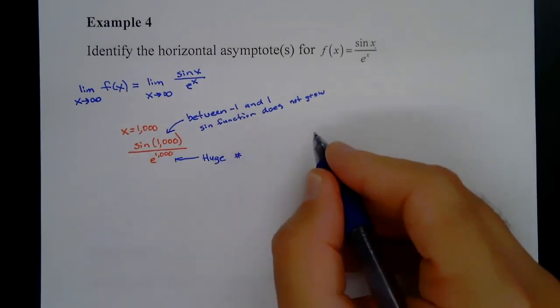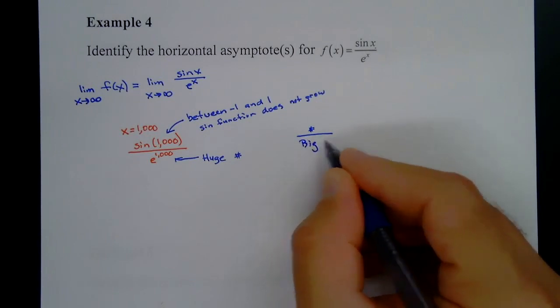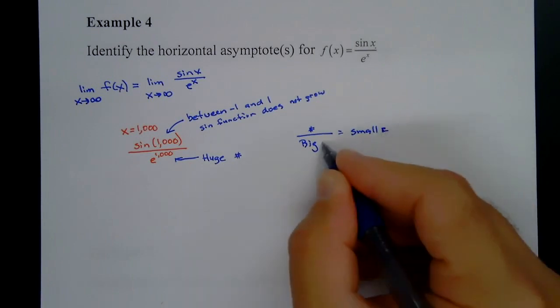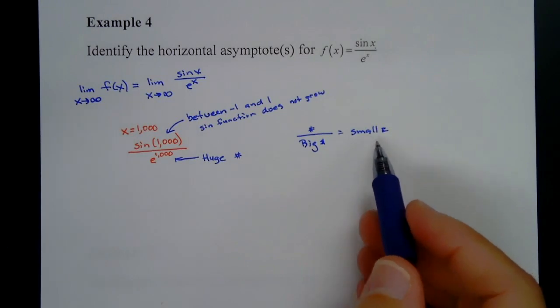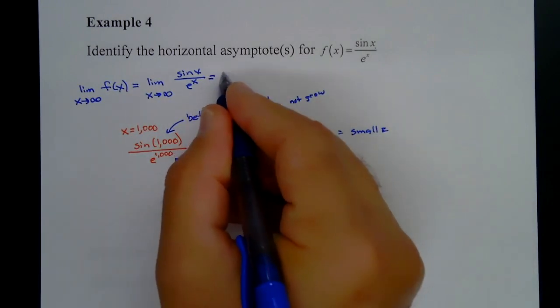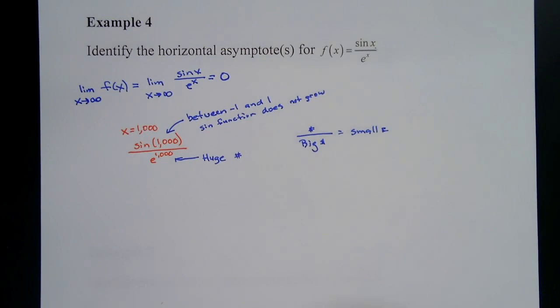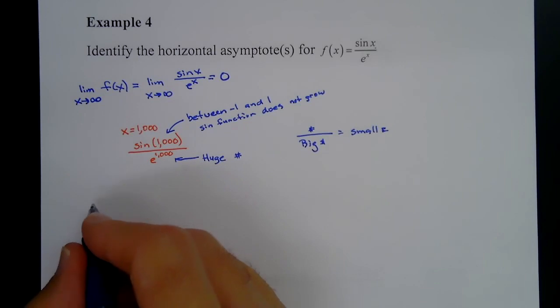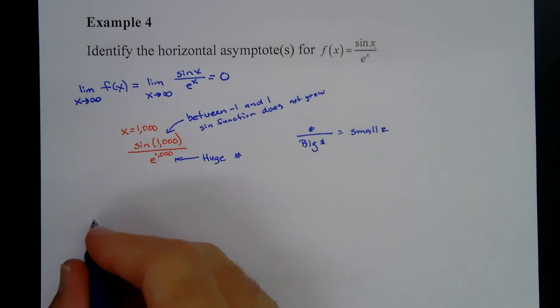So basically we have a number divided by a big number, and what we get out of this is a small number, getting closer and closer to 0. So this limit would equal 0. Now 0 is a number value, so that's telling us we have a horizontal asymptote. Let's take a look at the other limit that we need to find in order to determine the horizontal asymptote, because you can have at most 2 horizontal asymptotes.